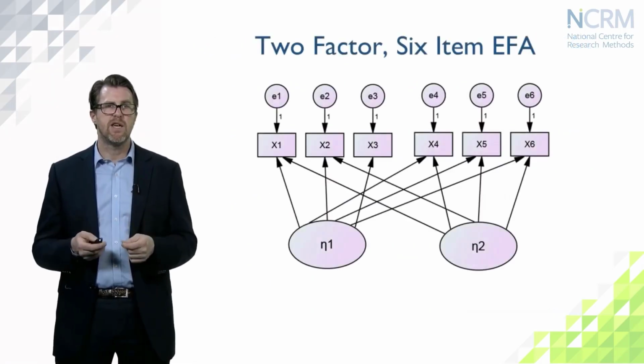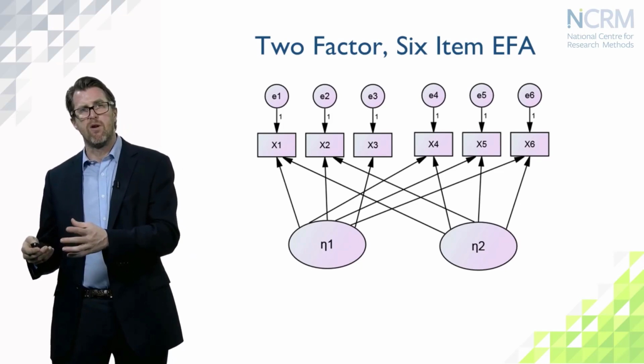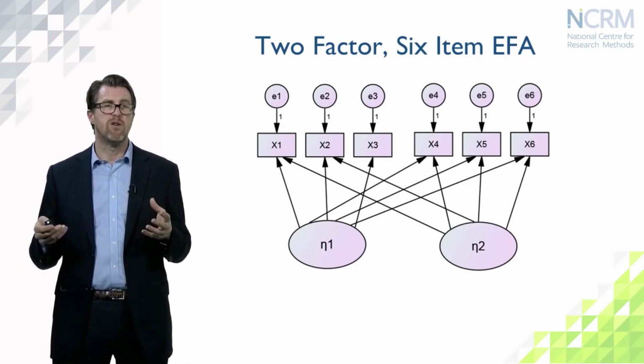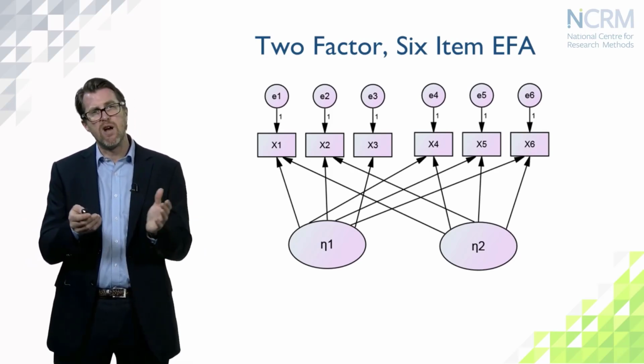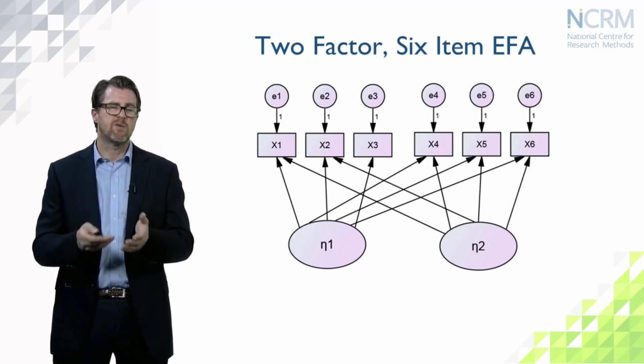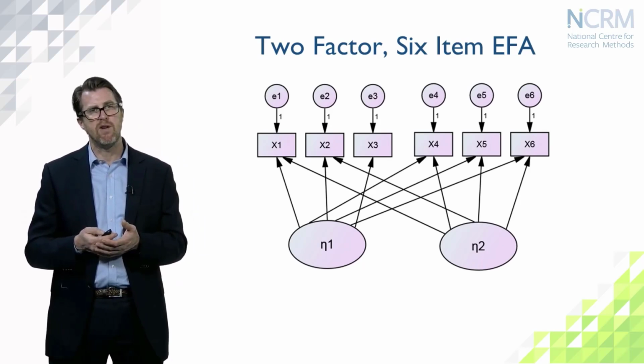Here we have 6 observed variables, x1 to x6. Now the first part of the model will have produced 6 factors or components. So at this stage we've already retained just the 2 factors that we think explain enough of the variability between our observed variables.